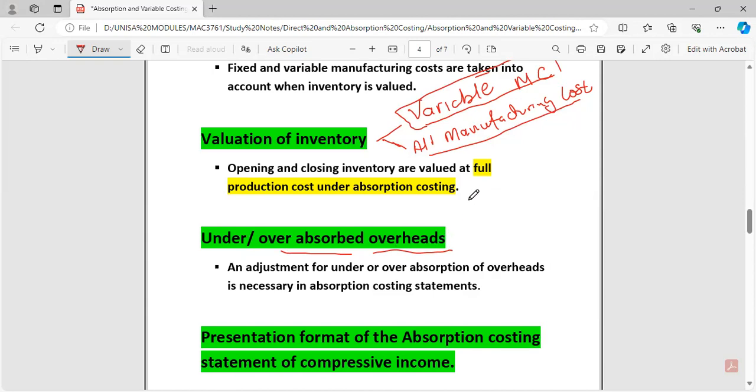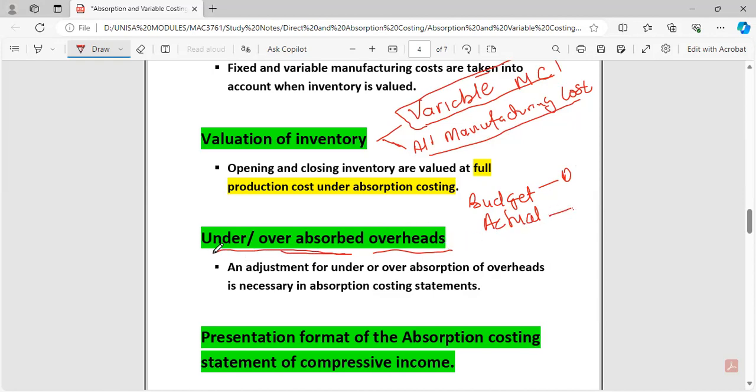This comes on budget and actual, so the budgeted overheads and the actual overheads are the ones that create an under or over absorption. If your budgeted overheads are more than the actual, then there is an over absorption. If the budgeted is less than the actual, then there is an under absorption.